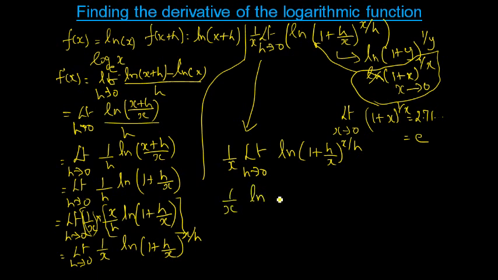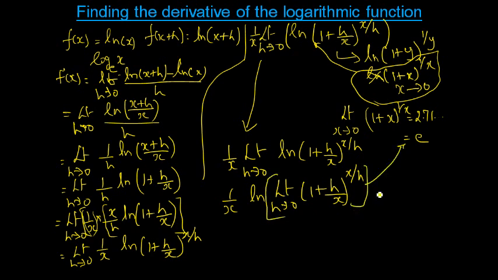I can take the ln out and write the limit for the function which is here. And we see that this limit is similar to this one, and this is equal to e. Therefore, we have 1 over x ln of e. And ln of e, since it is to the base e, is equal to 1. Therefore, it is 1 over x times 1.